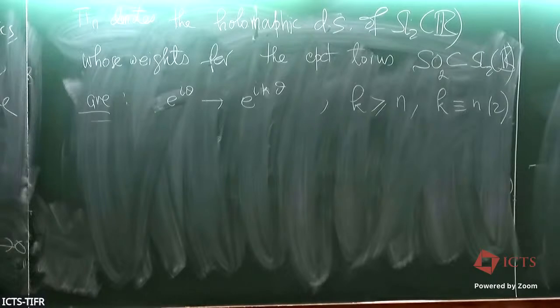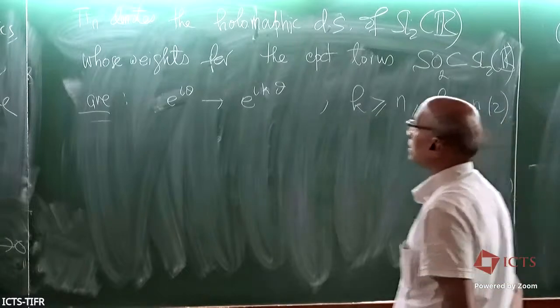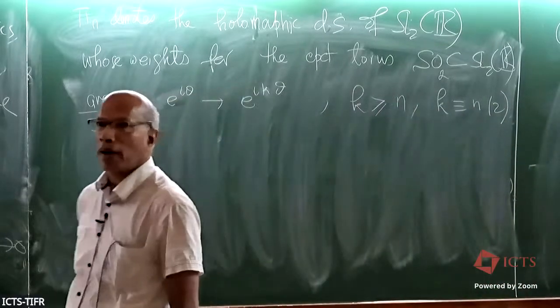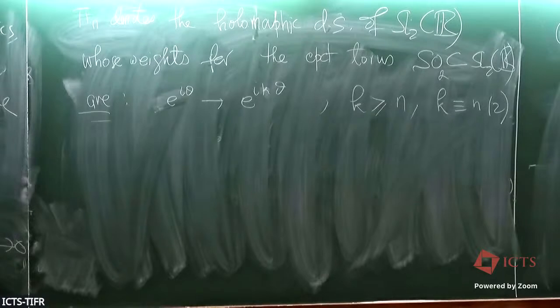So the smallest discrete series, pi 2, is the holomorphic discrete series which has weight 2, weight 4 onwards. It misses weight 0.